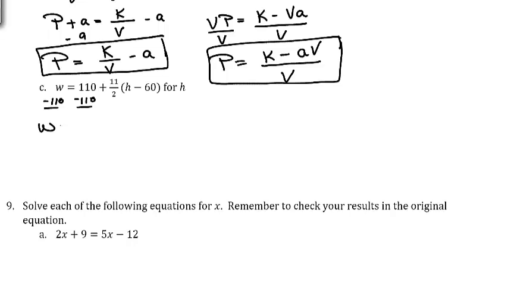So on the left I'll have W minus 110, and it's equal to 11 halves times the quantity H minus 60. We're trying to get H alone, so I want to get rid of this 11 halves, and right now it's being multiplied by this quantity, and so I'm going to divide both sides by 11 halves.